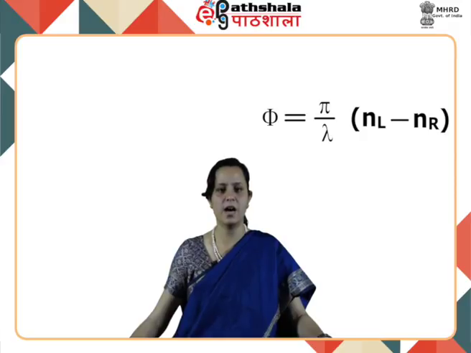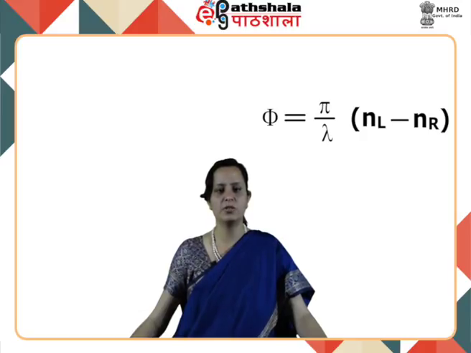quantitatively by using the following equations. The angle of rotation theta per unit length, expressed in degrees, is given by theta equals pi divided by lambda times (nL minus nR), where lambda is the wavelength of incident light, nL and nR are the refractive indices for the left and the right circularly polarized light, and L is the path length in the medium.